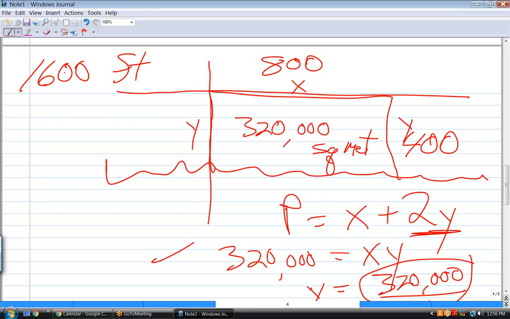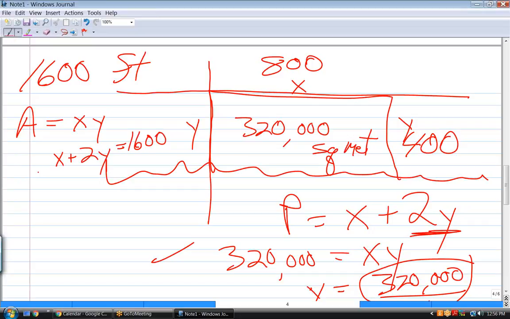But the problem would have been: the area equals x times y, the perimeter equals x plus 2y, and we were given the perimeter number. So we know the perimeter is equal to 1600. Find out what the maximum area is. Well, we do the problem almost exactly the same.